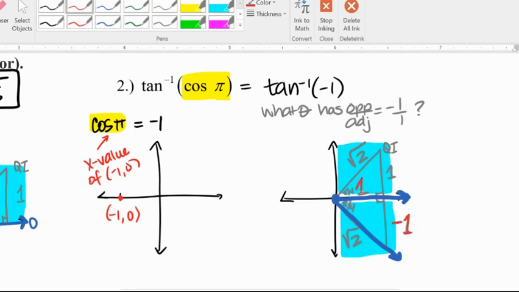I wanted opposite over adjacent to be -1. The reference angle is pi over 4, but according to the restrictions, my angle could be positive pi over 4 or negative pi over 4. Positive pi over 4 wouldn't give me the -1/1. That would be positive 1/1. So it can't be this one. It's got to be negative pi over 4, the one that ends up in quadrant 4 and goes down.